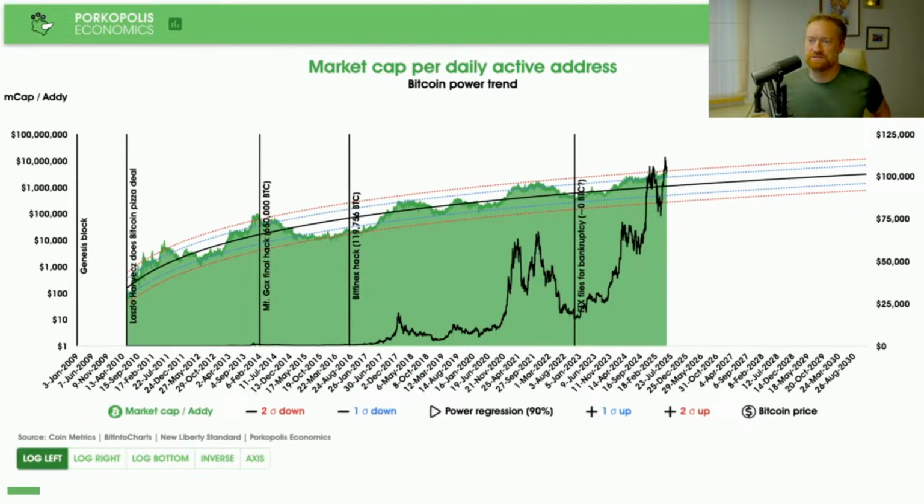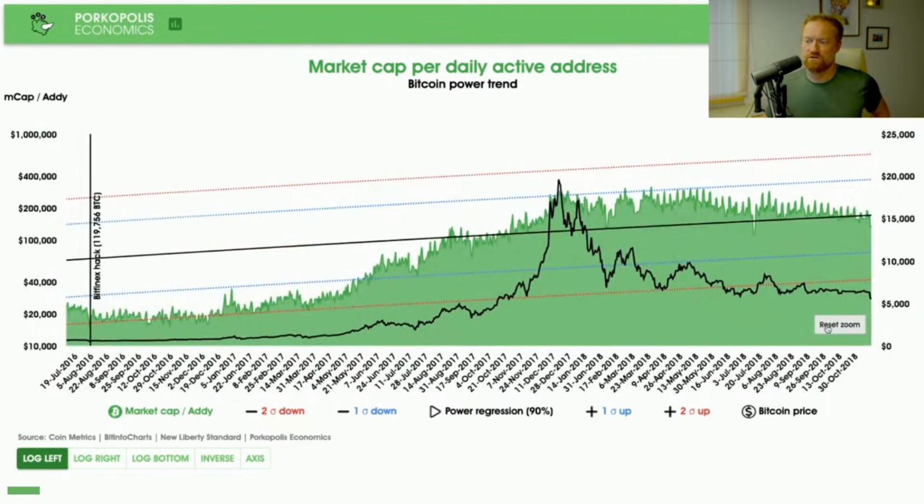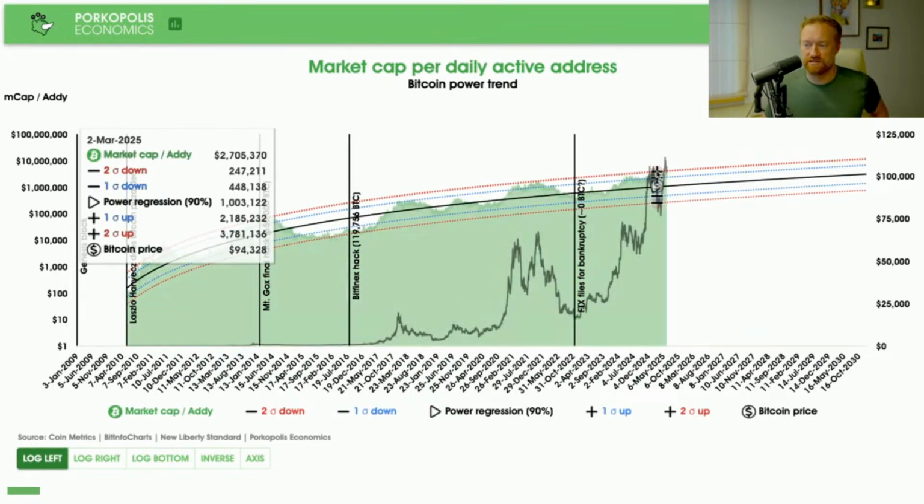So for this one, the exponent is 3.5. Okay, so again, you could say it's moving a little bit faster than Metcalfe's law. In this example, market cap per daily active address.